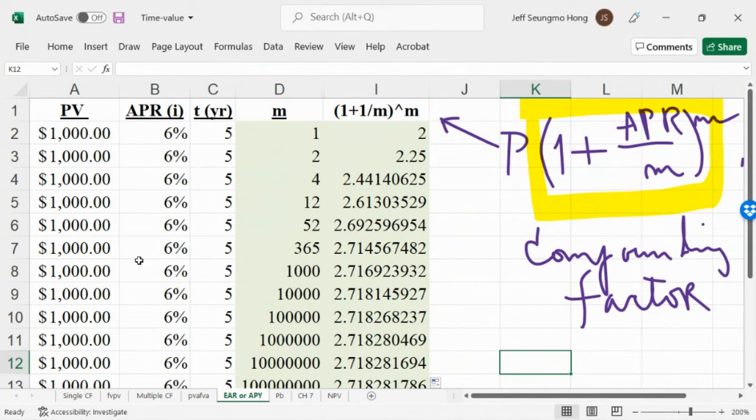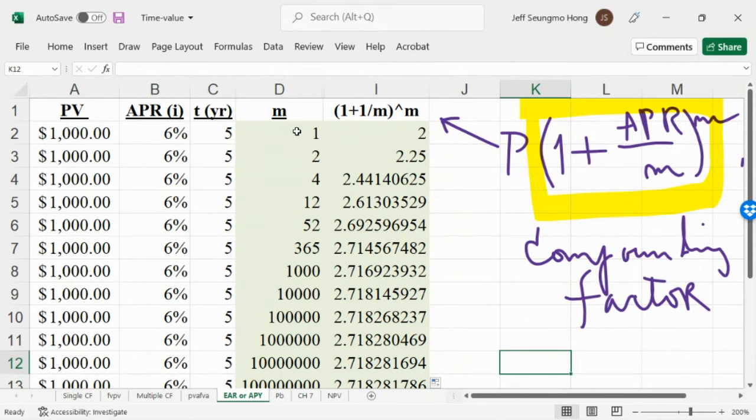And by annual compounding, it's going to be 2.714567. It looks like we can double our money if the interest rate is 100% a year. And since a higher compounding frequency will result in a greater future value, it looks like we will be able to even triple or quadruple, right?